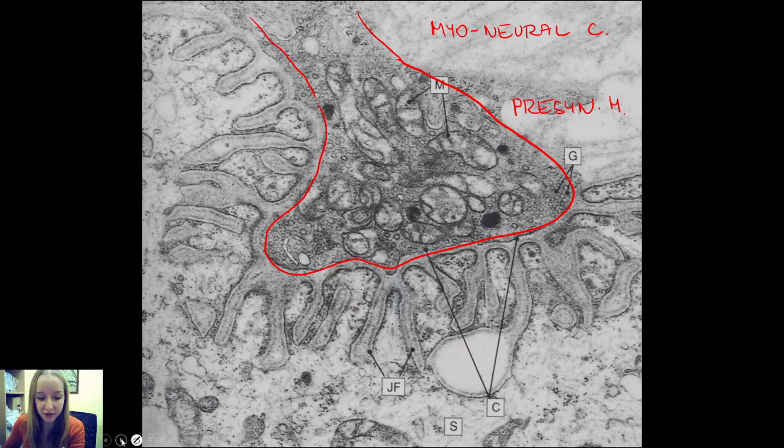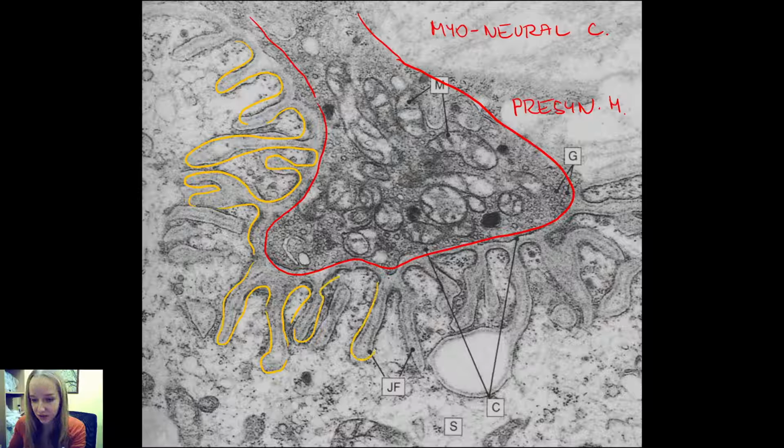Here we have a postsynaptic membrane, and this postsynaptic membrane is wavy because we want to increase the area where the receptors could be. So for the receptors in the cell, we are going to increase the area.